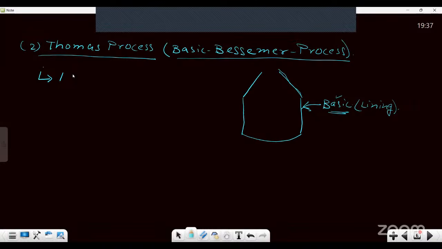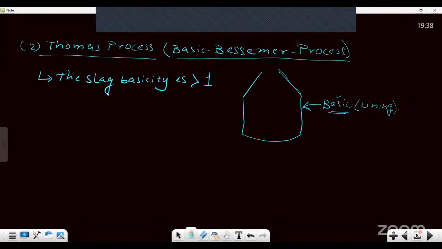It is nothing but the ratio of the basic oxides divided by the acidic oxides. Basicity more than one means your slag is basic slag. So in the Thomas process, the slag basicity is more than one.